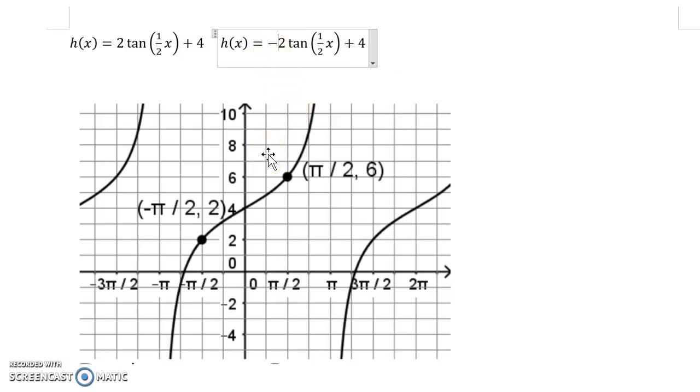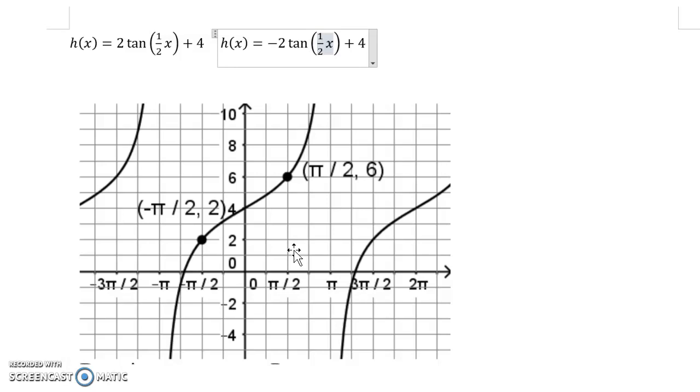Also, if I remember, the cotangent curve has a vertical asymptote at x equals 0, which I don't have here. My vertical asymptote is actually at x equals pi or x equals -pi, which tells me I could write this both as a phase shift to the left pi or to the right pi. It really does not matter at this point. So I'm going to choose to the right. Well, maybe I should choose to the left because everything is so positive right now.